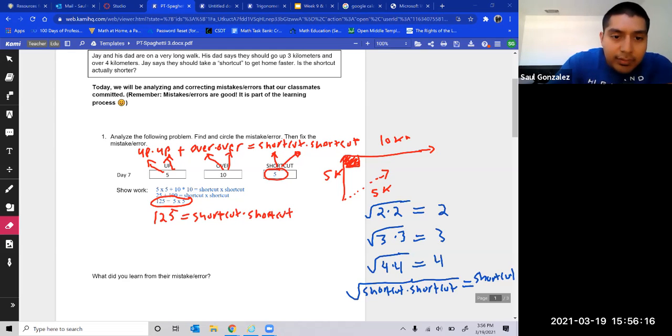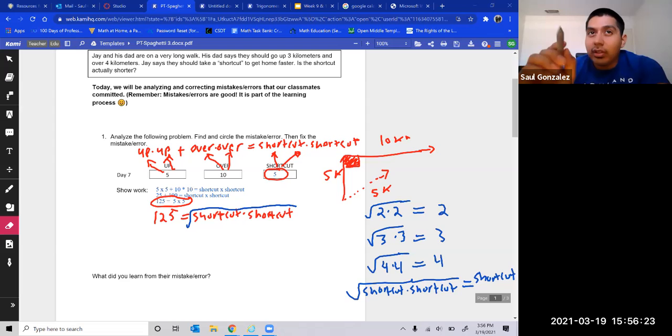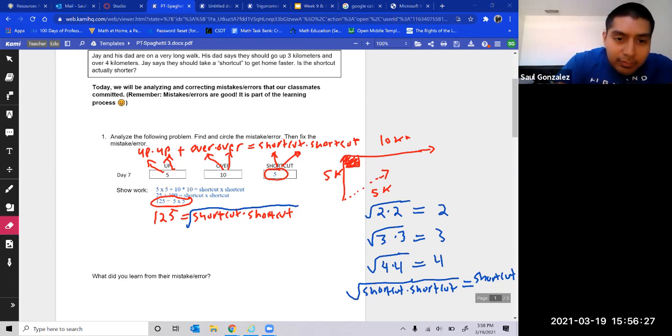Okay, so let's take the square root of this. Now, if we take the square root of one side, what do we need to do to the other side? Good. We take the square root as well. So now we have the shortcut, because the square root of shortcut multiplied by shortcut, we said that that's just the shortcut. We said it right over here. And now we have the square root of 125.